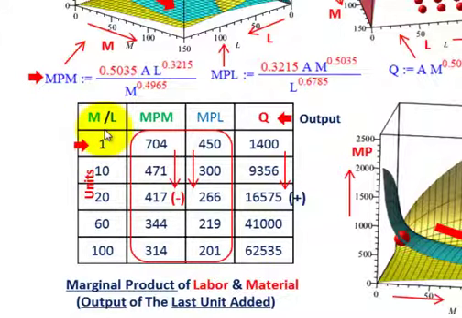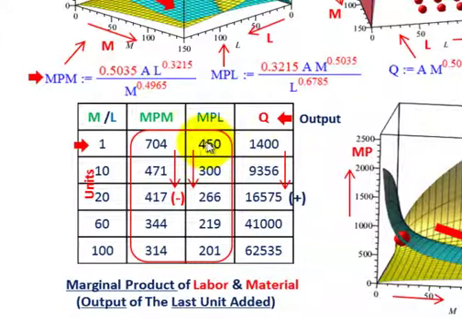At 1 unit of material and 1 unit of labor, our marginal product for material is $704, so we're adding $704 to the output for that first unit of material. For the first unit of labor, we're adding $450.